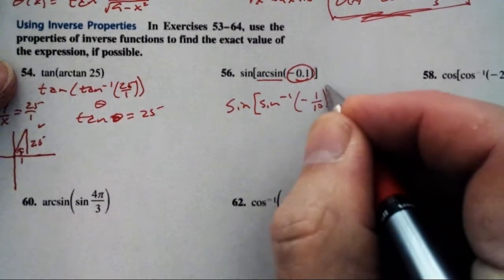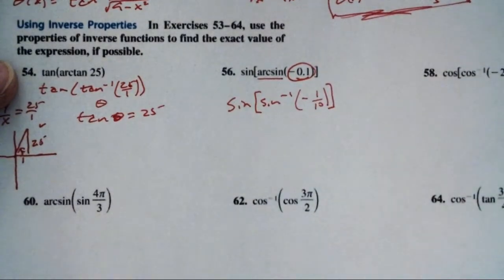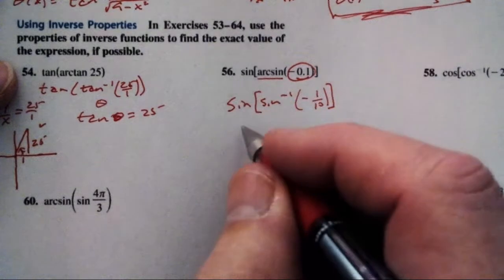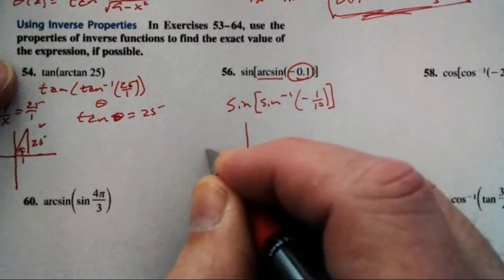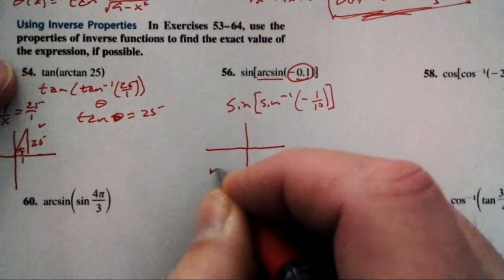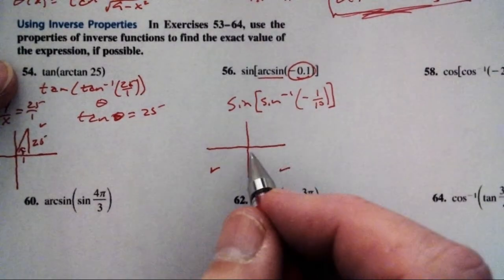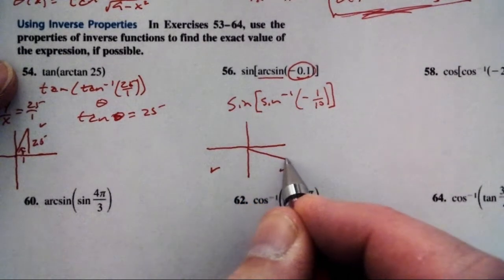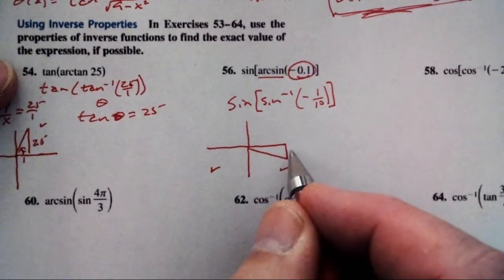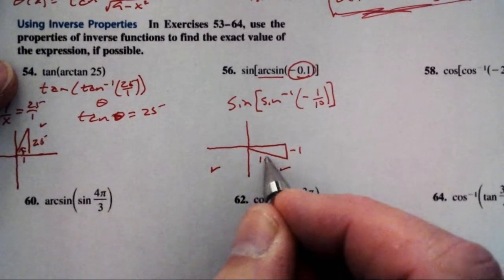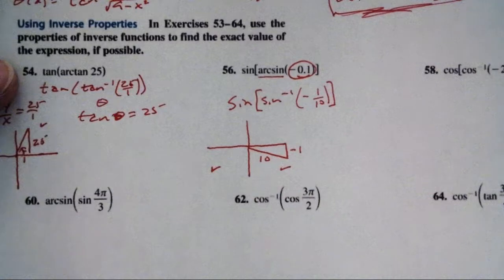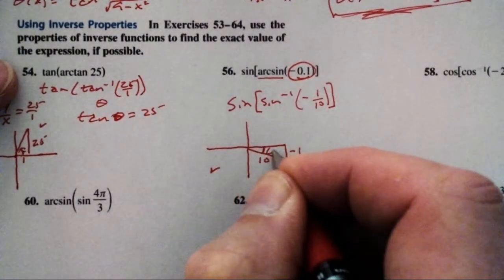So 1/10. Therefore, I want to build a triangle where sine is negative here and here, as we all know. This is the y on r ratio, -1 to 10.